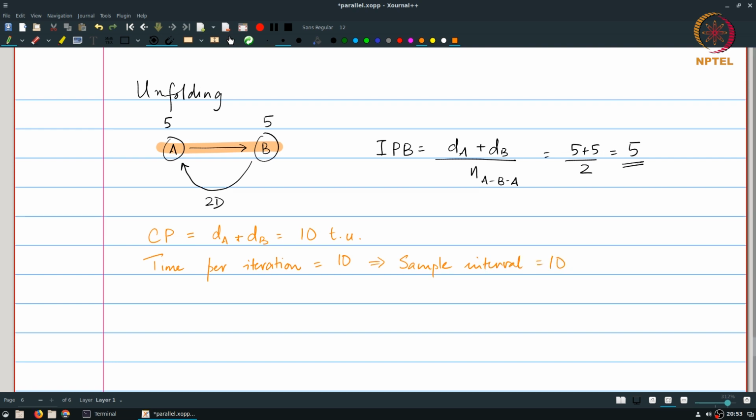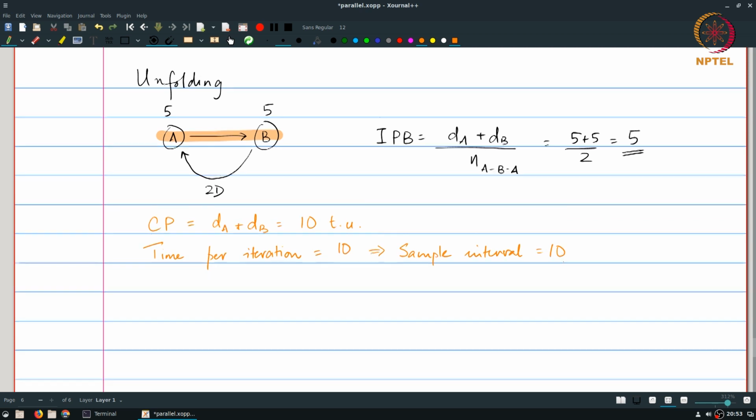Whereas I would like it to be 5 time units, which is a theoretical best that I can do for this system. The question, of course, is how do I get to that?